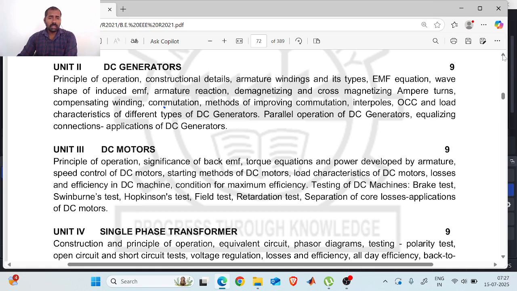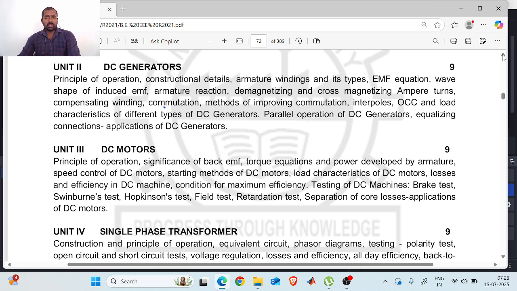Everything we will see, and commutation, and compensating winding, what is the need of compensating winding in the DC generator. We will also look into the methods to improve commutation, and before that, first we will study what commutation is.